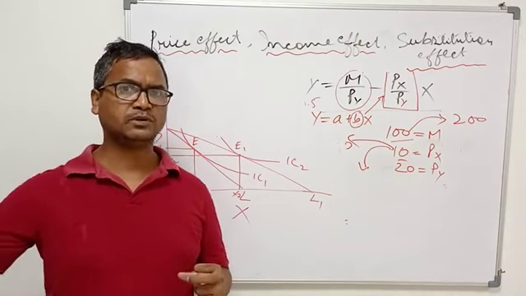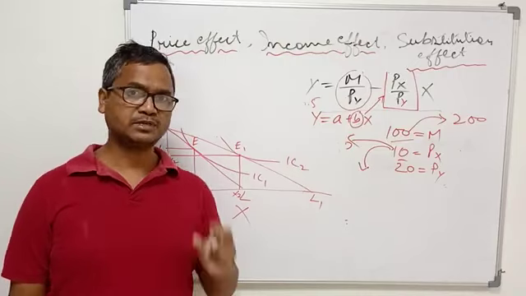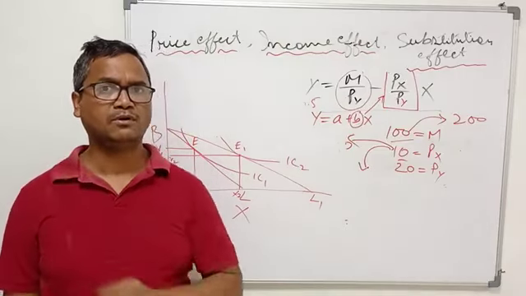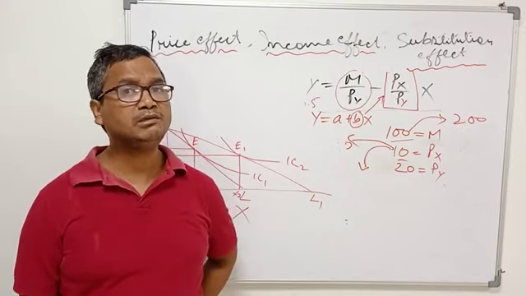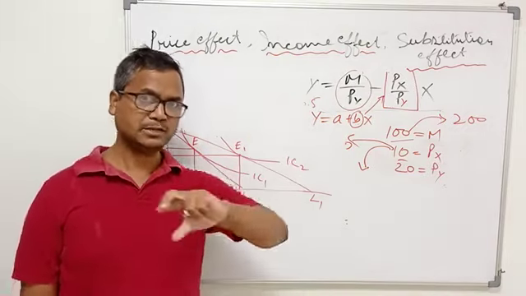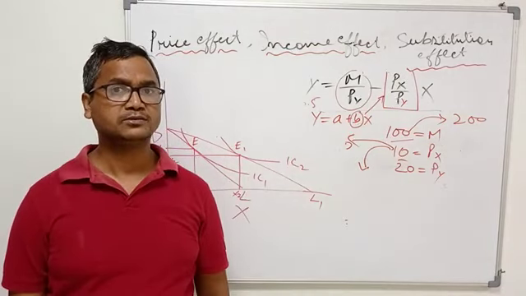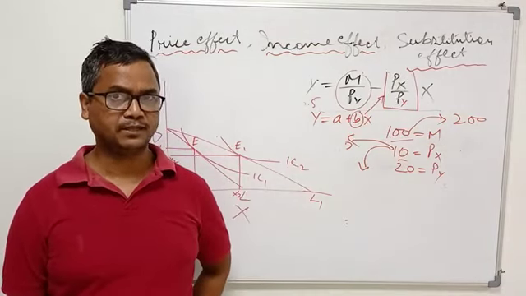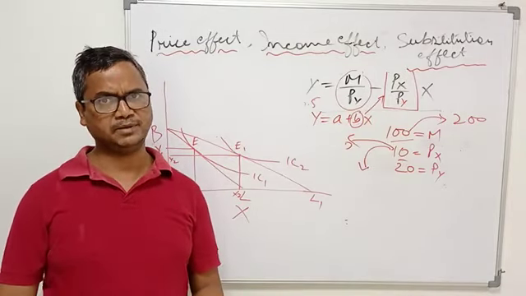Some people who are consuming coffee will switch to tea, so they will substitute tea for coffee. That's why the demand for tea is increasing. This is known as the substitution effect. So in the price effect, both the income effect and the substitution effect are present.